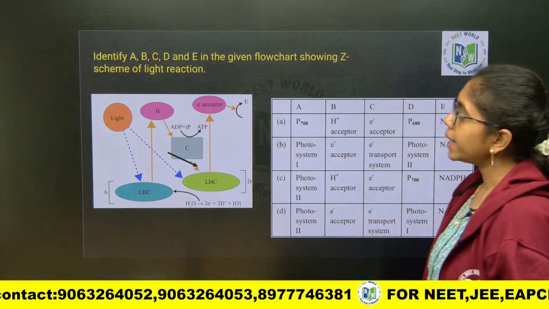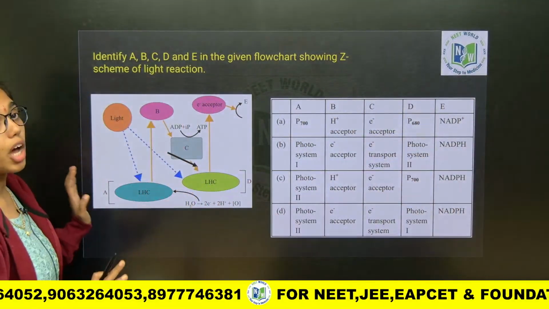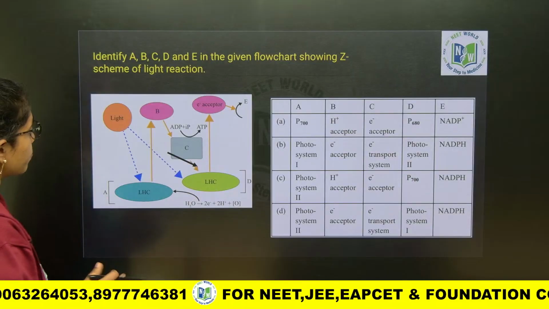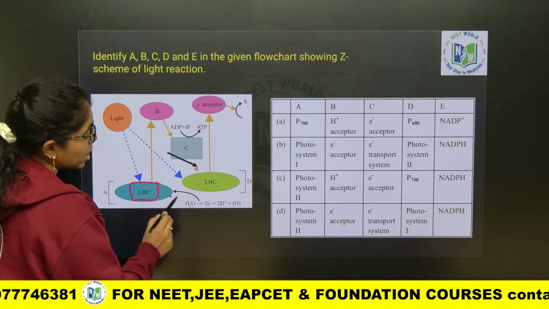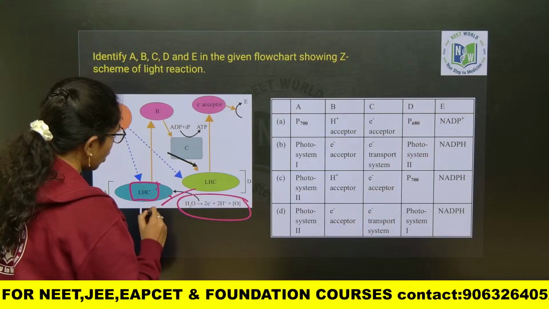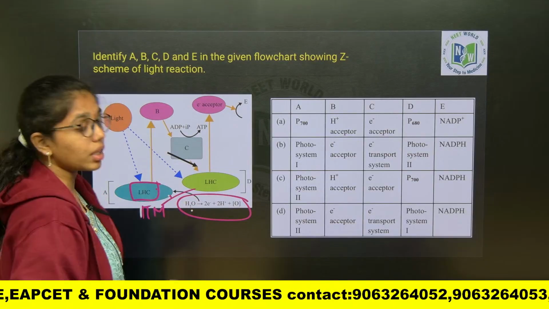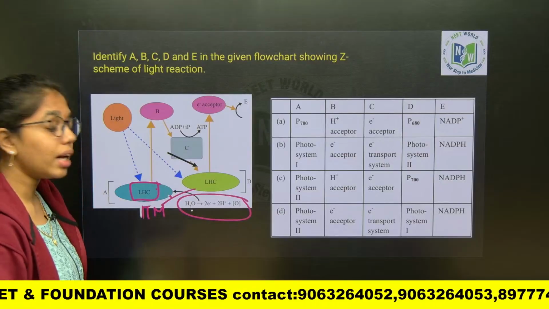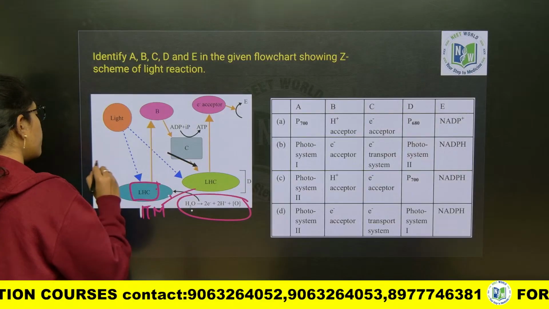Identify A, B, C, D. Here the question is from non-cyclic photophosphorylation. The light harvesting complex which is associated with photolysis of water in the inner thylakoid membrane belongs to which photosystem?